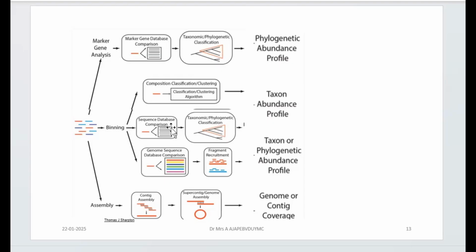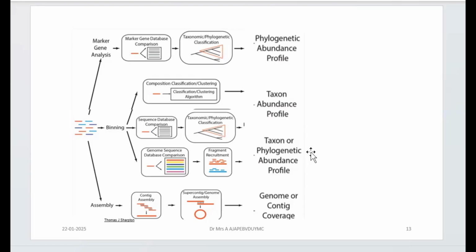Then second approach is sequence database, then compare it and then construct the tree. Third is genome sequence, database comparison, and then fragment recruitment, and then go for it. Ultimately, you are going to talk about phylogenetic abundance profile only, right? But with reference to taxon or total, that is only going to be different depending upon the approach that you have taken.